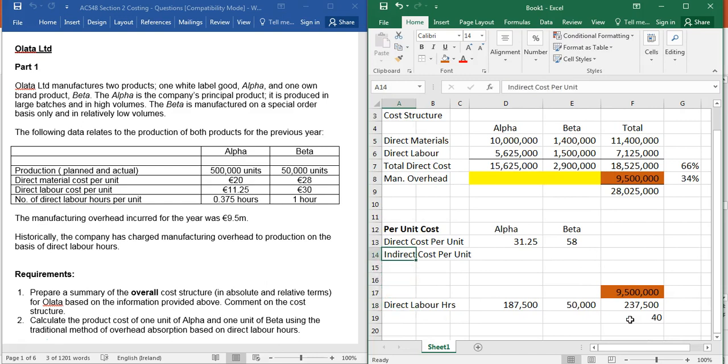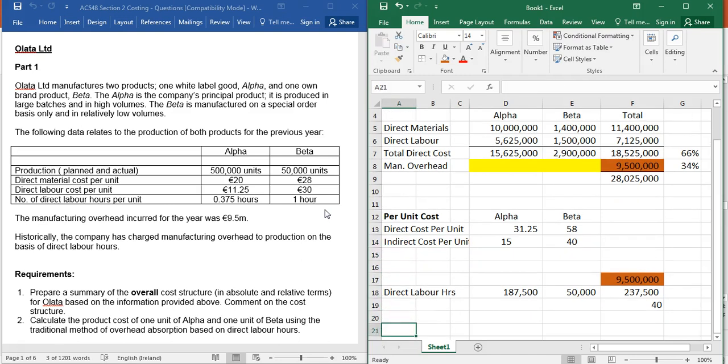One possible way is to say, well, it's 40 euro per labor hour. So to allocate the cost of the overhead, it's 40 times 0.375, because every unit, when we're on it per unit here, takes 0.375 hours for alpha, but it's 40 times 1 for beta, because each unit of beta takes 1 labor hour. So that is one way of going about it, and that is fine.